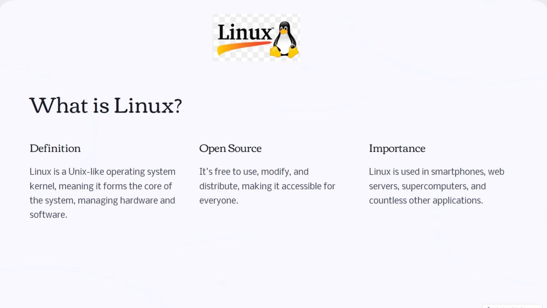What is open source? Open source means it is free to use, modify, and distribute, making it accessible for everyone. The importance of Linux is that it is used in smartphones, web servers, supercomputers, and countless other applications.